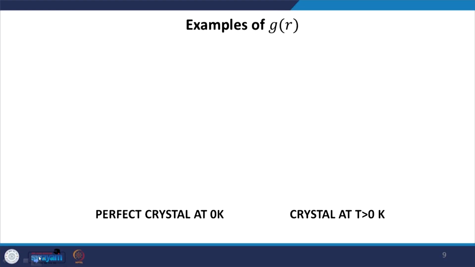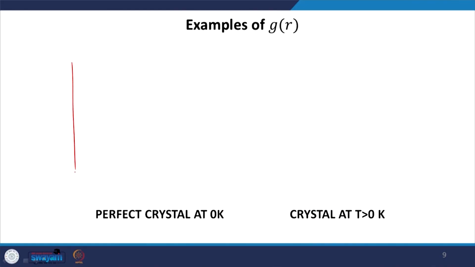If you have a perfect crystal at 0 Kelvin, then what do we expect? We expect that the molecules are not at all vibrating, so their positions are fixed and their neighbors are located at a fixed distance from it, because that is the lattice spacing in a crystalline structure. If it is more than 0 Kelvin, then it is no longer true, because although the unit cell dimensions remain more or less the same, the molecules themselves are moving a bit, and therefore, the distance between the two molecules will not be constant, right.